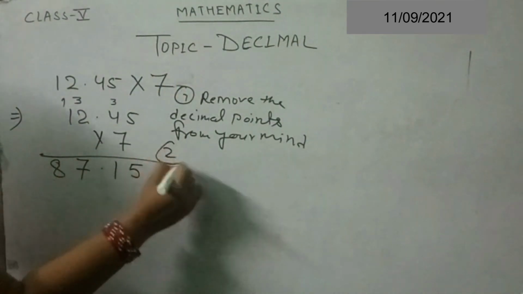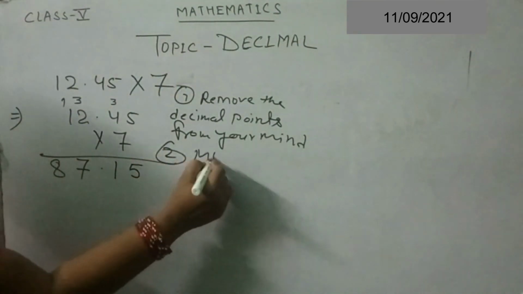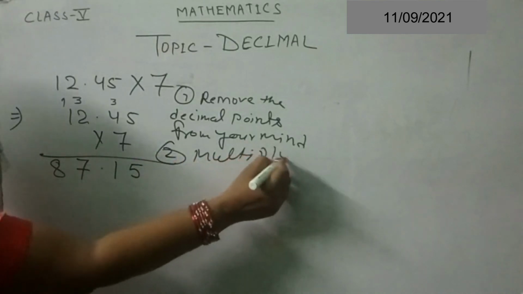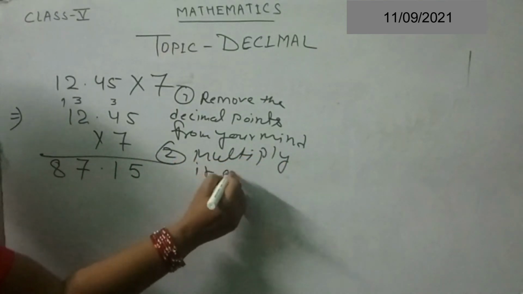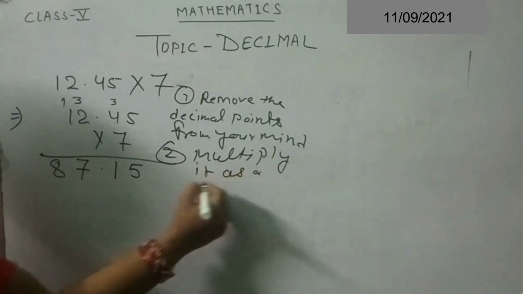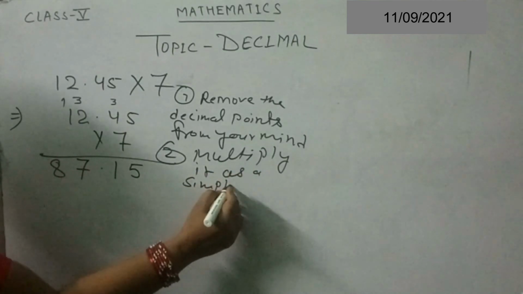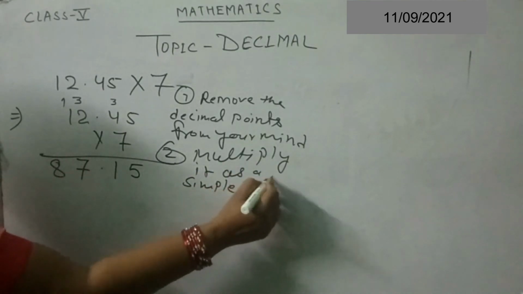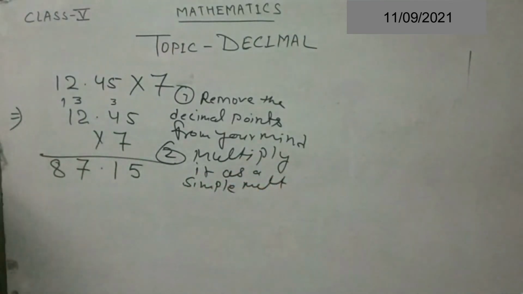Second step, multiply it simply, as a simple multiplication.